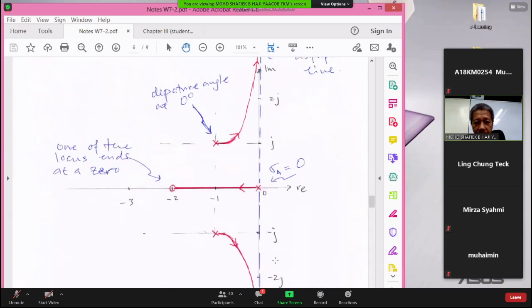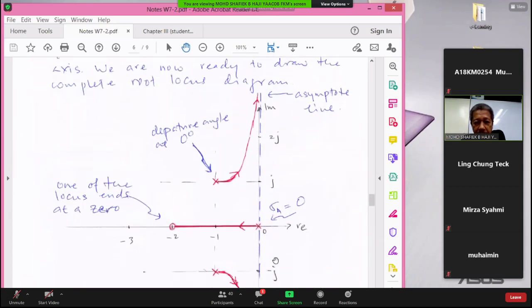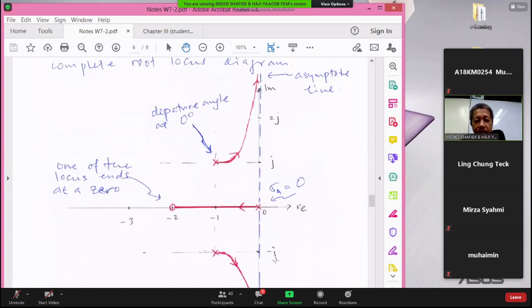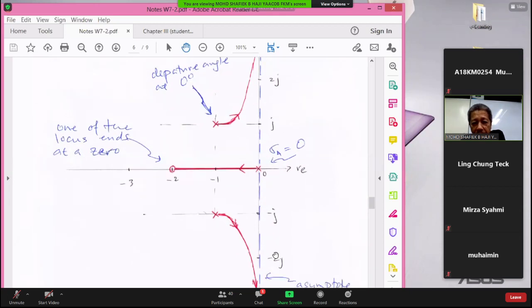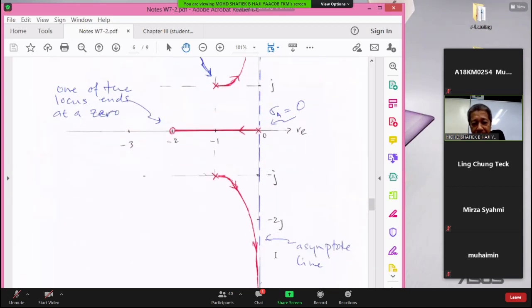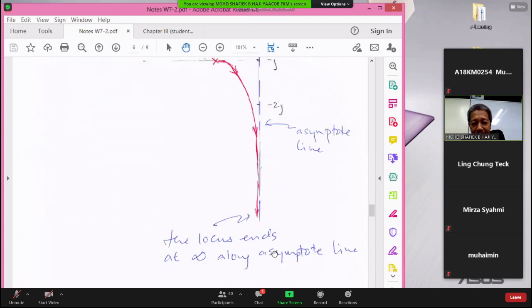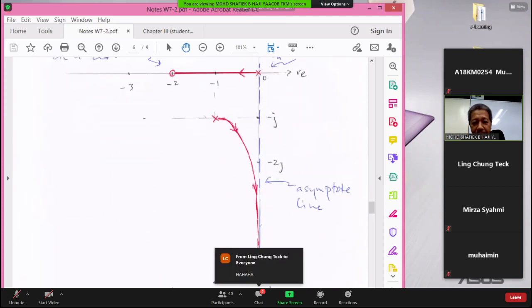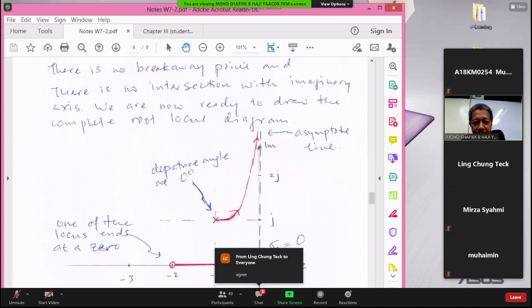See how neat is that? I'm amazed how beautiful my root locus diagram turned out to be. It's so neat. I cannot imagine it was going to be this neat.